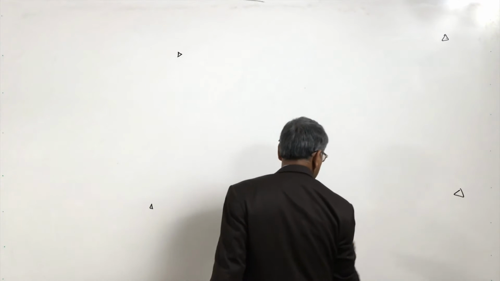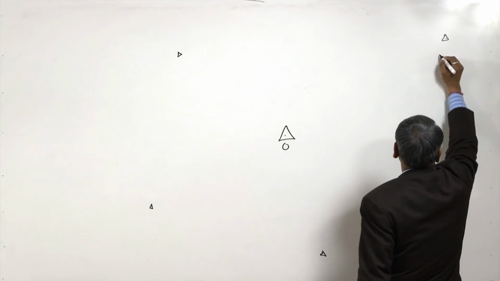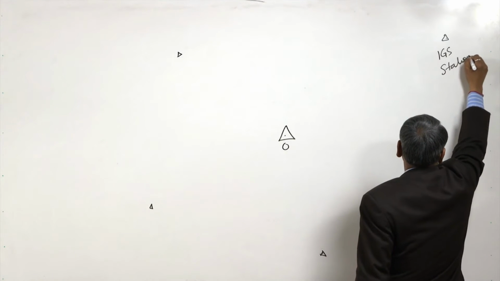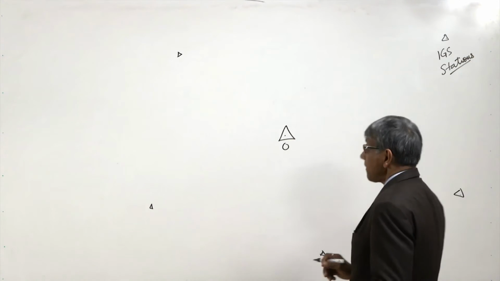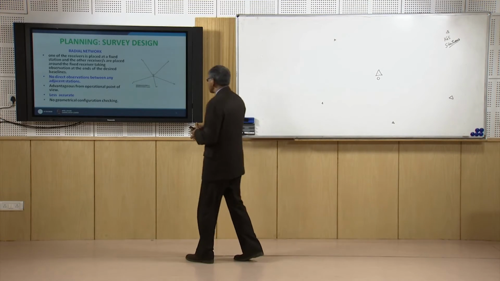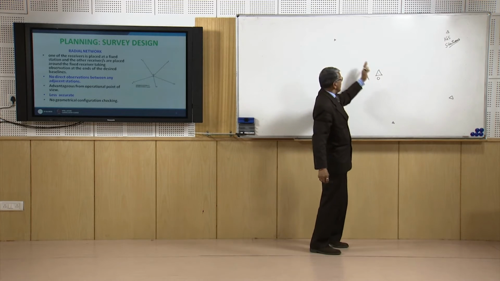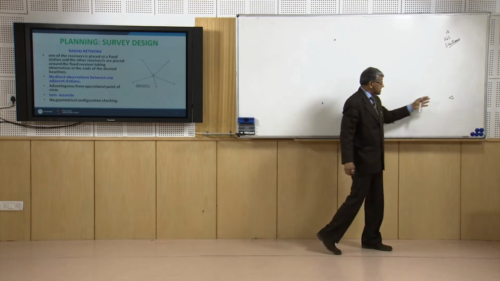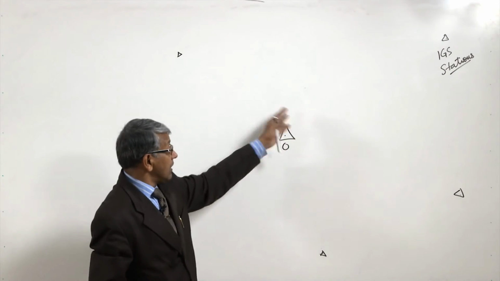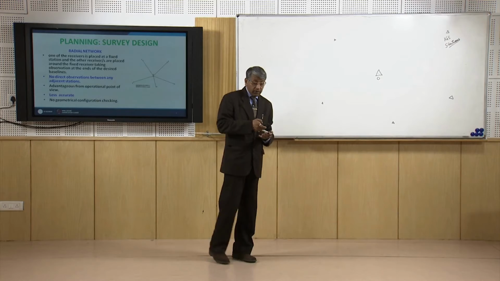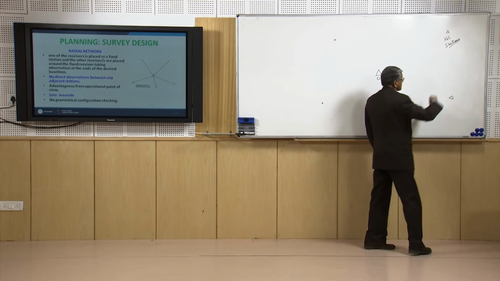These are the IGS stations, and what we generally do is have the data observed at these stations at the same instant of time along the same duration as we have observed for O, and then subsequently we may process that data.